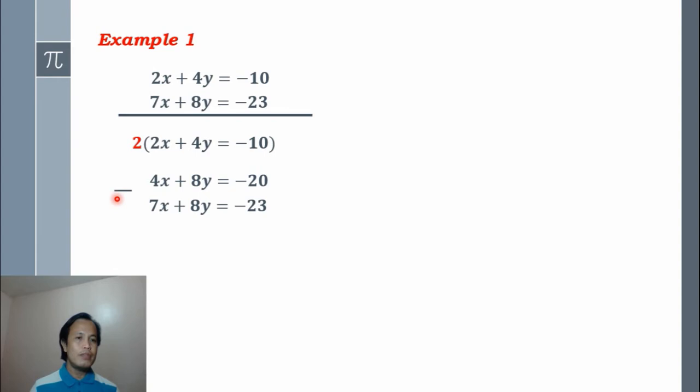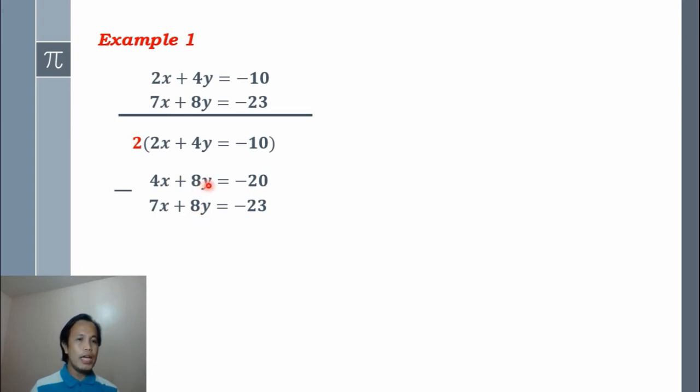Now, since we use subtraction, the signs in the subtrahend shall be changed. So this becomes negative 7x, this becomes negative 8y, and this becomes positive 23. Then after changing the signs, we will proceed to the rule on addition. So, when we perform the operation, this will become 4x plus negative 7x and 8y plus negative 8y.